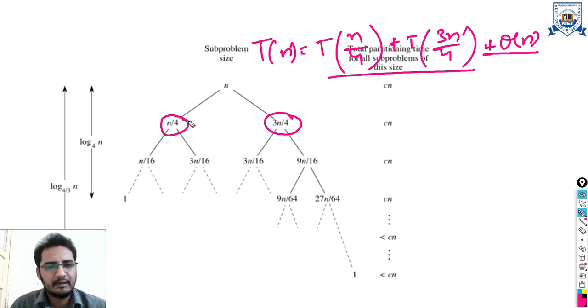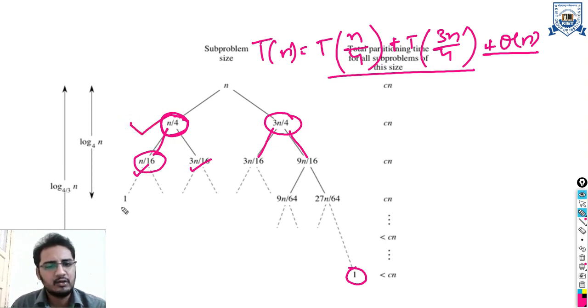See, you are getting n by 4 problems on the left hand side. When you further divide it, it will be n by 16, 1 by 4th of n by 4, on the left hand side and 3n by 4 on the right hand side, which is 3n by 16. Similarly here, you will get 3n by 16 and 9n by 16. Similarly, this tree will go till you reach a problem of size 1. Now see, the problem on the left hand side is smaller.